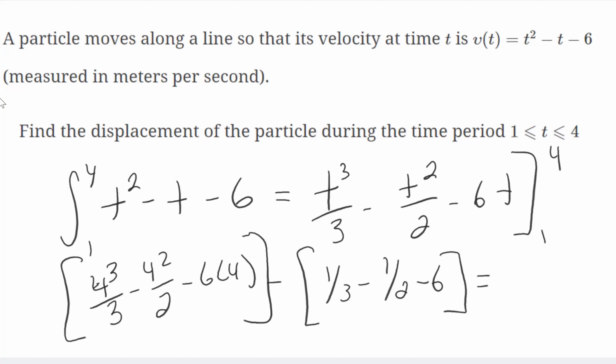So 64 over 3 minus 8 minus 24 minus 1/3 minus 1/2 plus 6.